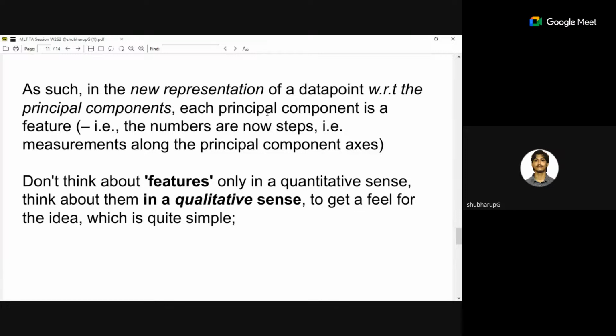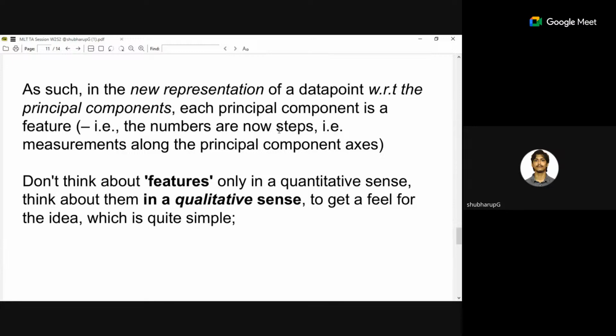So numerically, what that means is that if previously I had measurements along the x-axis, the y-axis and the z-axis, and these measurements were the numbers in my tuple, the x coordinate, the y coordinate and the z coordinate, now it's going to be the PC1 coordinate, the PC2 coordinate, the PC3 coordinate, and so on.